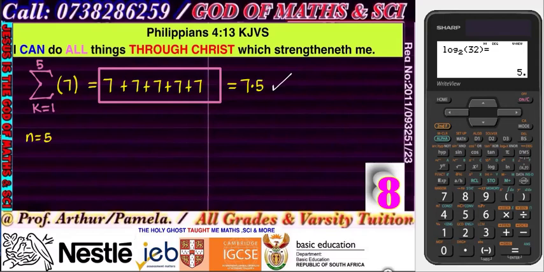Here's another example. Let's say they tell me k equals 1, but at the top they put the M, and then now they give me a 7 here. So that means I must first write 7 plus 7, how many times?